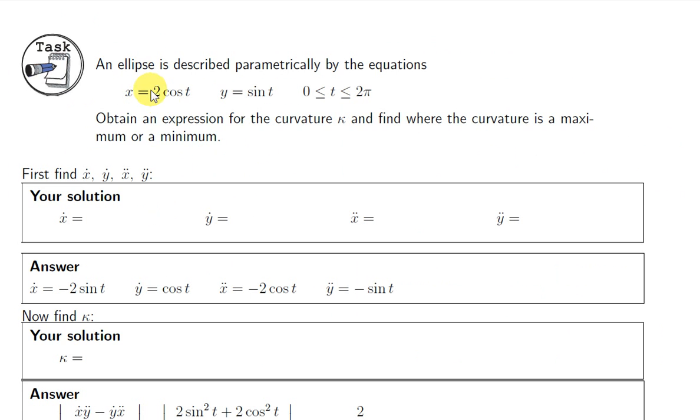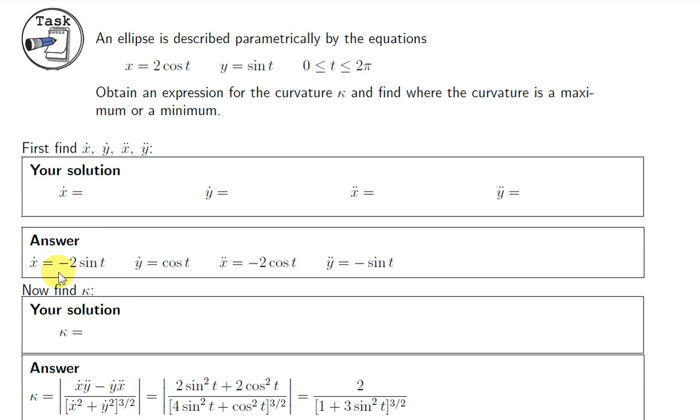Let's take an ellipse. So here are the parametric equations for an ellipse. To get the curvature we need x dot, y dot, x double dot and y double dot to plug into this formula. The derivative of the cos function is minus sine. The derivative of the sine function is cos. And we can similarly get the second derivatives, plug them all in here.